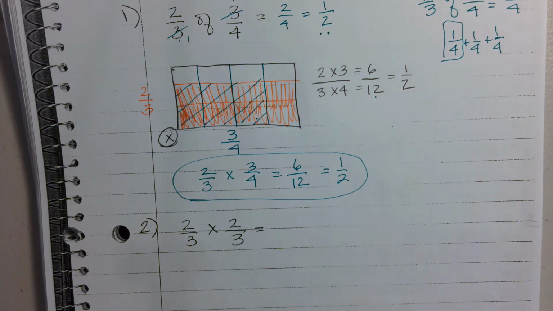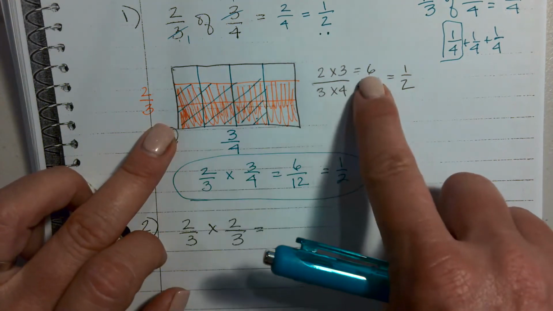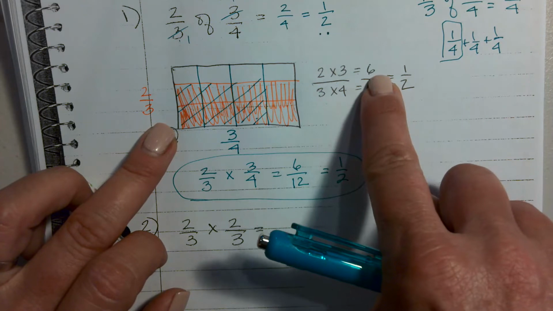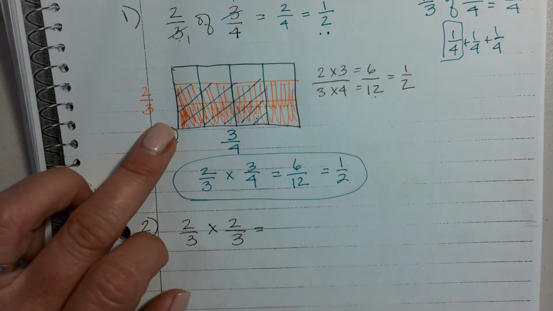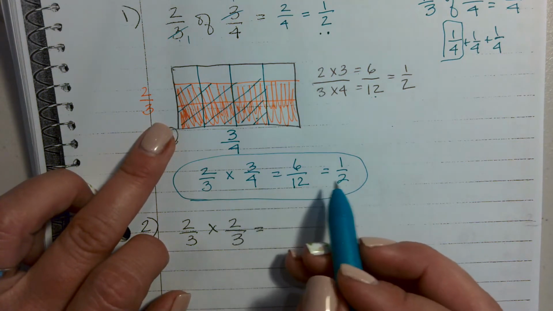When you multiply the numerators, you get the numerator of the double shaded part. Does that make sense? When you multiply the denominators, you get the denominator.